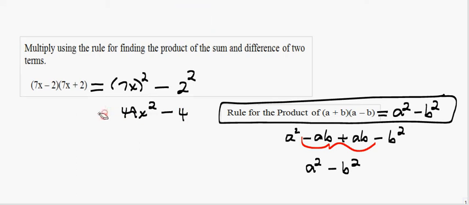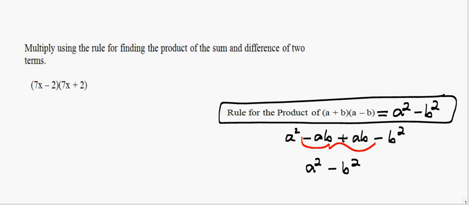However, don't worry if you're unable to remember that, or if you just don't remember that. Just use FOIL. 7x times 7x is 49x squared. 7x times 2 is a positive, 7 times 2 is 14x. Now we do the same thing with this. Distribute the negative 2 through here. Negative 2 times 7 is negative 14x.